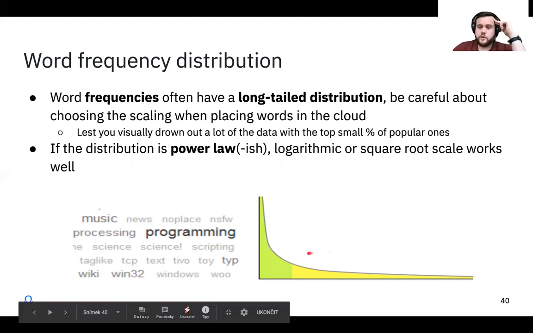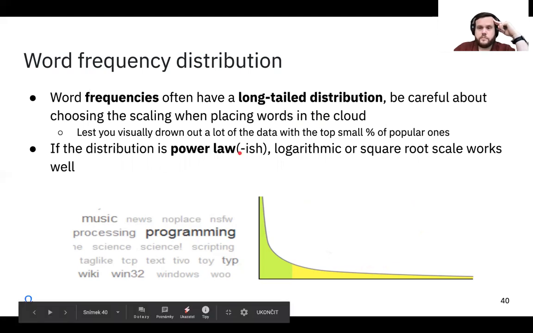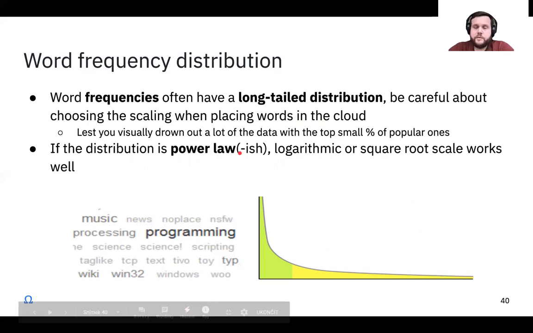They form the long tail, speaking statistically. What this means for a visualization is that we have to be really careful when choosing the scaling when placing the words in the cloud. If we are not careful, we're going to visually drown out a lot of the data with the top small percentage of popular ones.